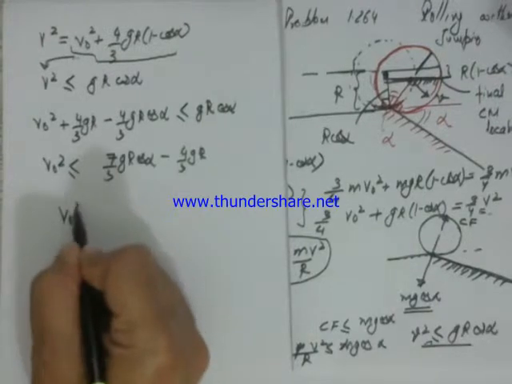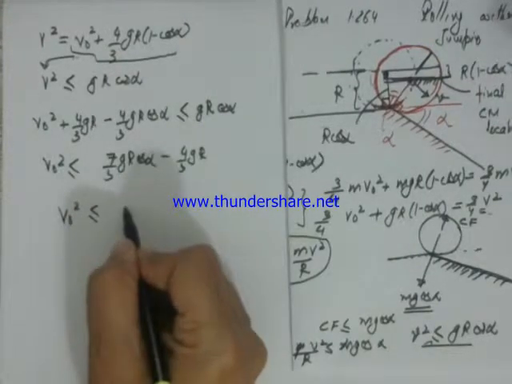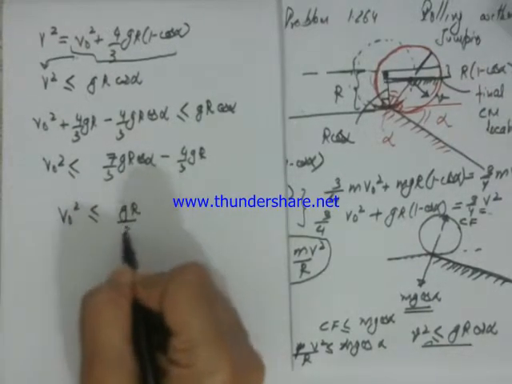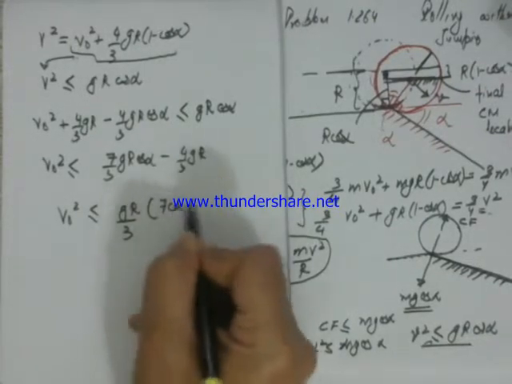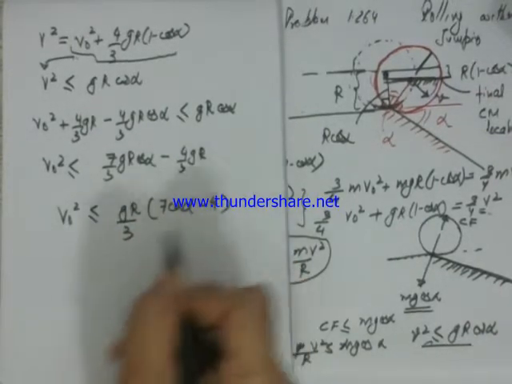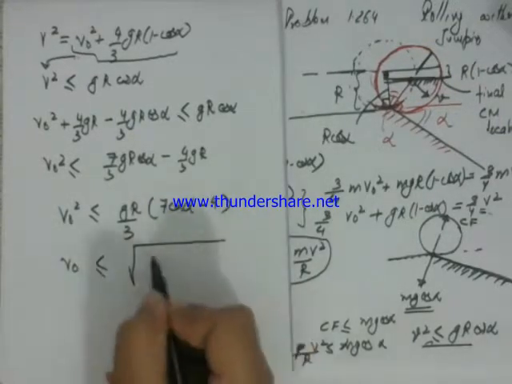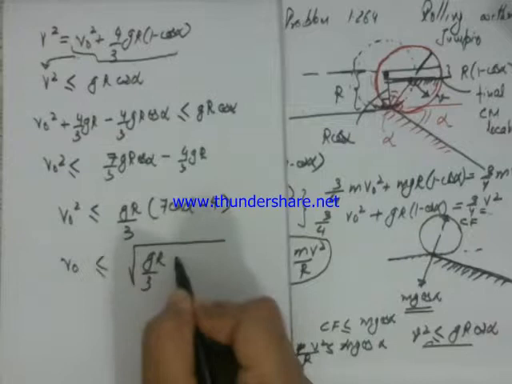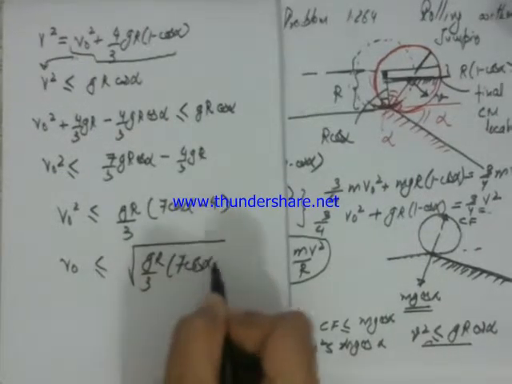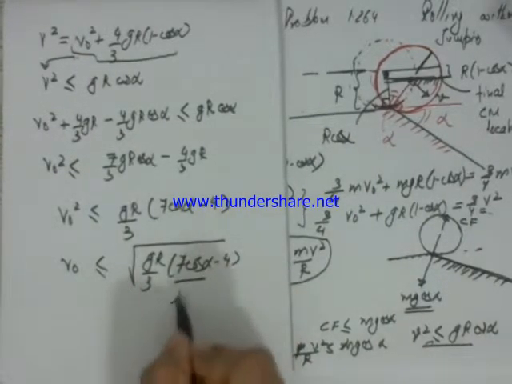So v0 square should be less than or equal to gr upon 3 times (7 cos alpha minus 4). So v0 should be less than or equal to the square root of gr upon 3 times (7 cos alpha minus 4), which is your answer.